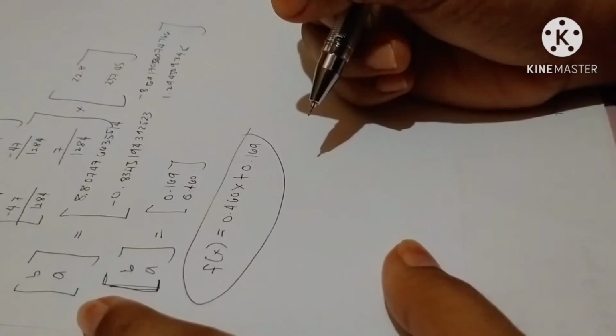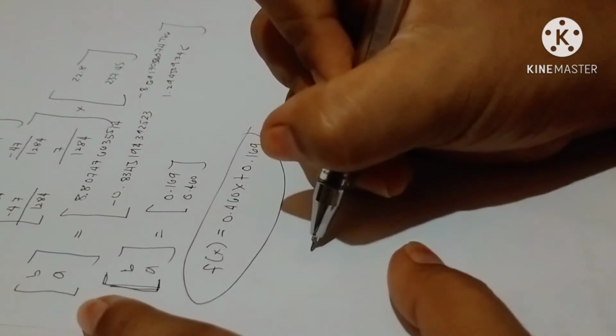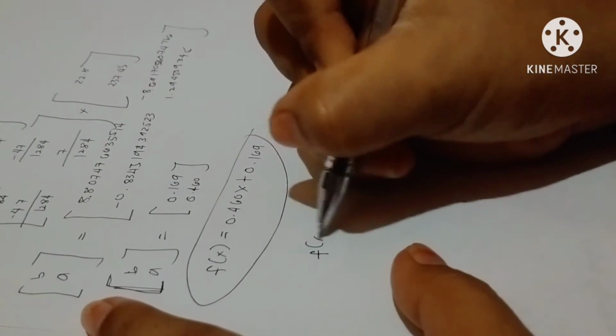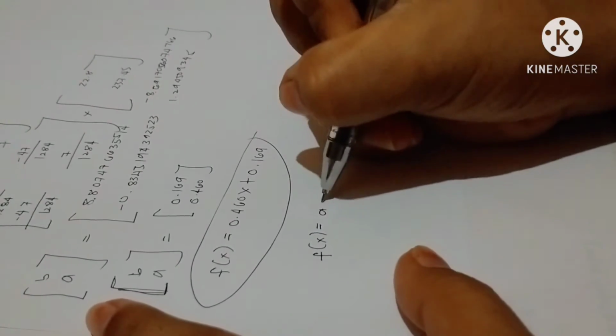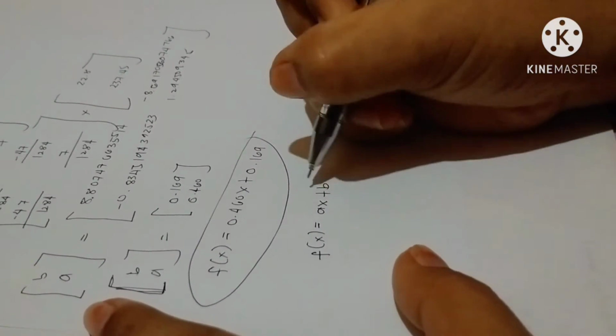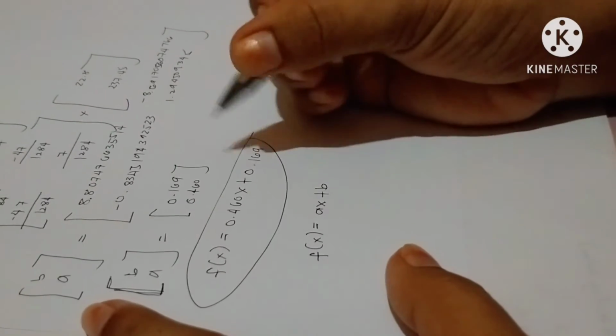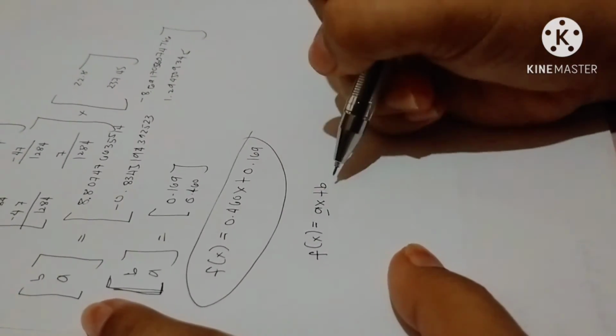This is now the form of the function because the function of x is equal to ax plus b. We just substitute the value of a and the value of b.